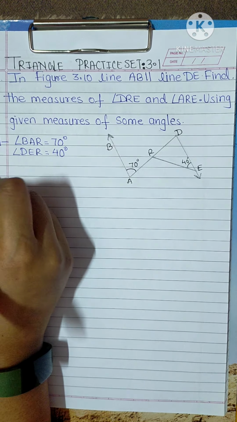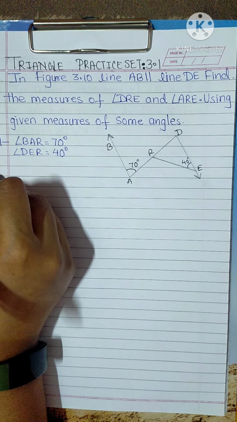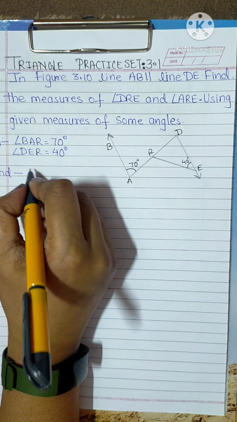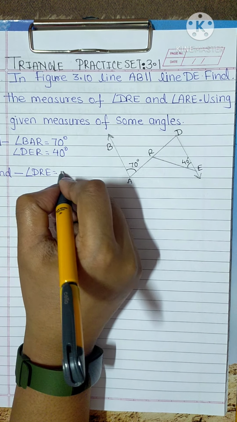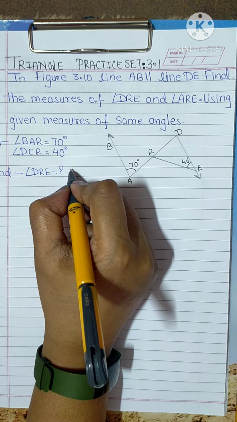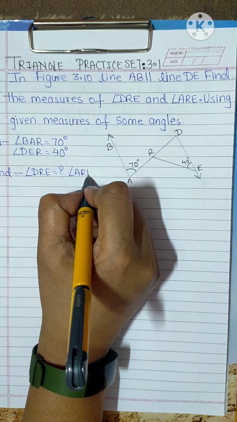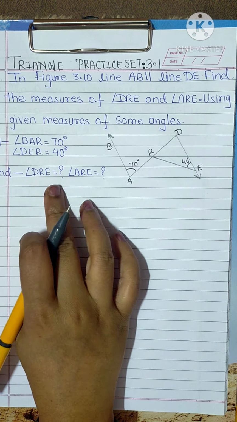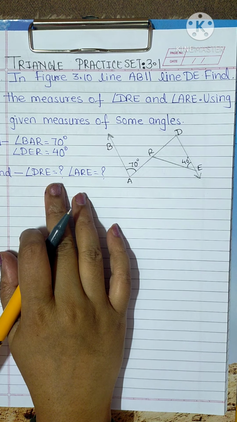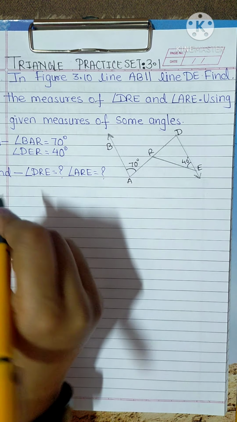Now we have to find angle DRE and angle ARE. These two angles we have to find. So here we'll start with the solution.